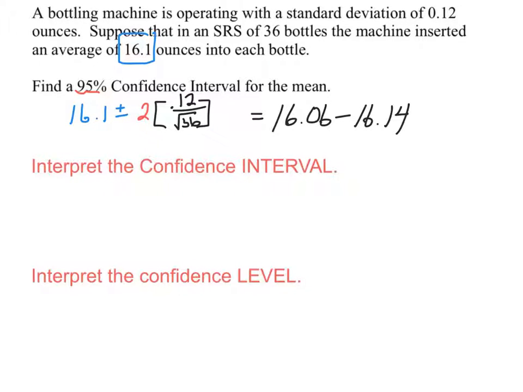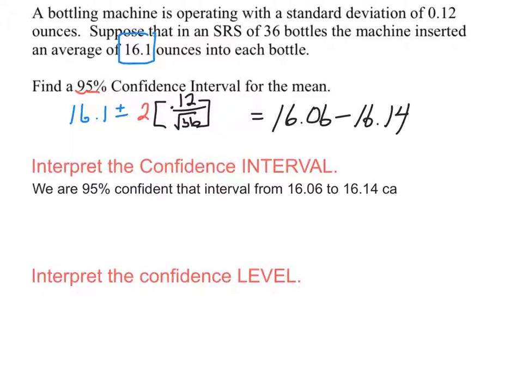Okay, so we are 95% confident that the interval from 16.06 to 16.14 captures the, and now this is where you have to fill in the actual parameter in context. So the actual parameter in context is the mean for the bottling machine.